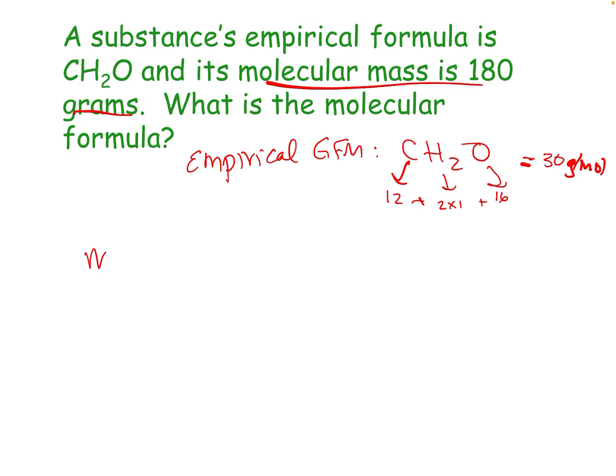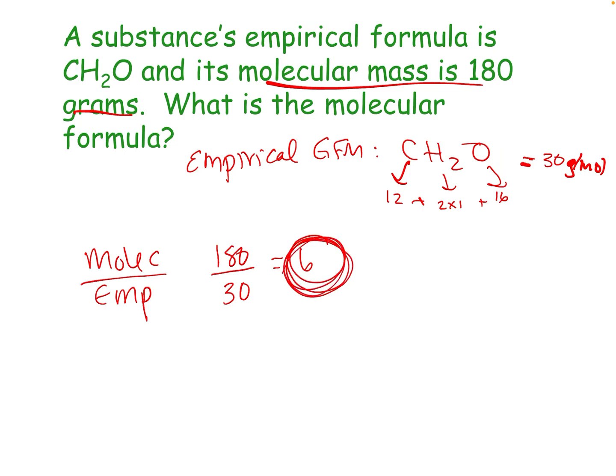So your molecular is going to be divided by your empirical. So this is 180 divided by 30, and you get 6. 6 is the multiple by which you multiply all of the subscripts of your empirical formula. So my empirical formula was CH2O.